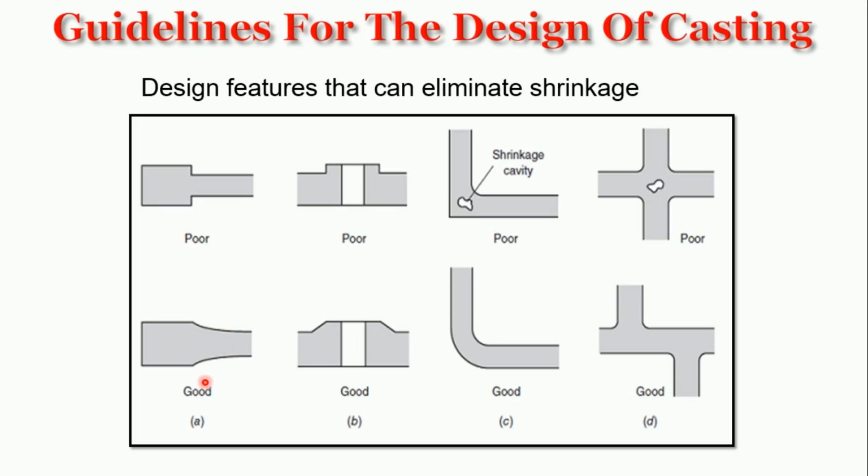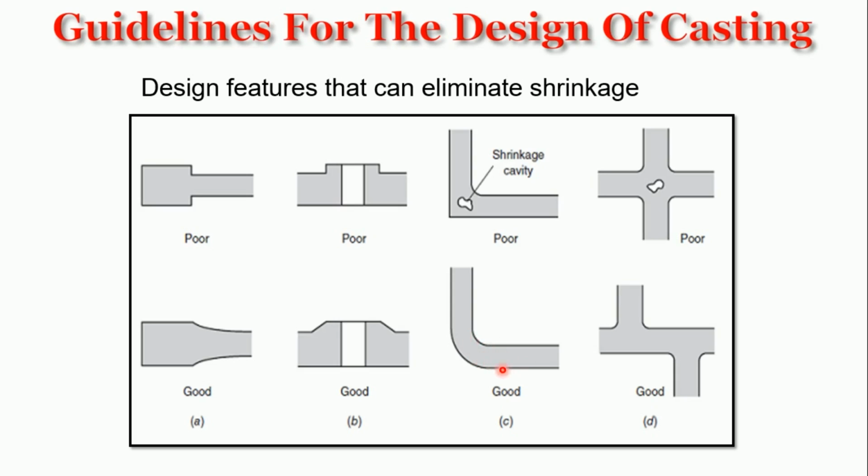The change in wall thickness should not have a taper exceeding 1 to 4. Local heavy sections cause problems, so the outer radius at the corner should be eliminated. Here the outer radius of the corner should be eliminated. We can use these designs instead.